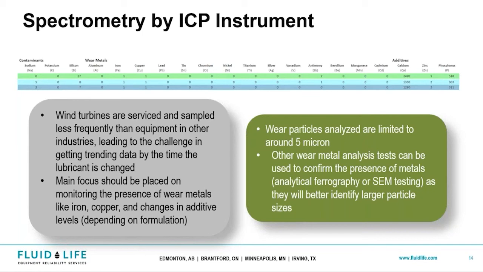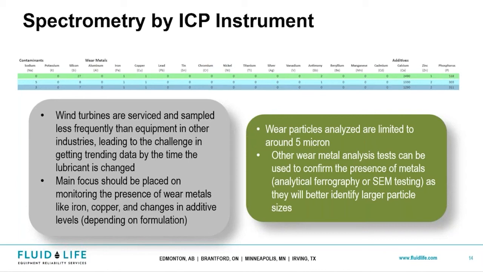These additive concentrations are mainly used to identify formulation changes. Maybe there are cases of lube mixing for whatever reason. This is a great way to establish a baseline and identify things like, this is what my supplier said it is, and this is what we're seeing as far as its composition and the thickeners that may be involved.